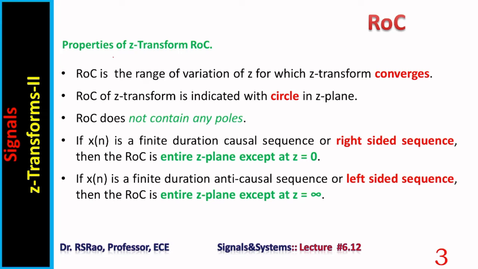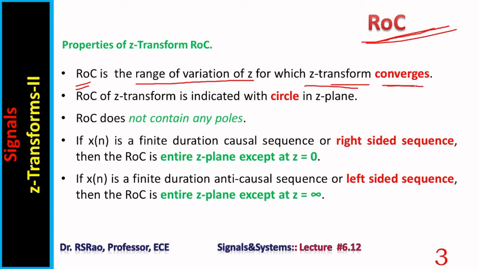Now we consider ROC. What is ROC? What is the importance of ROC? What are significant properties of ROC? All those things are mentioned in this slide as well as in the next slide. First, what is ROC? ROC is the range of variation of Z for which the Z transform converges.